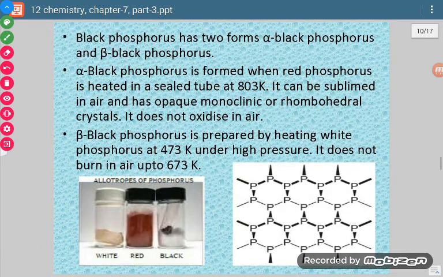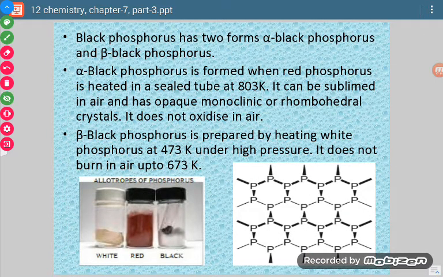Now as far as black phosphorus is concerned, it exists in two forms, alpha black phosphorus and beta black phosphorus. Alpha black phosphorus is formed when red phosphorus is heated in a sealed tube at 803 Kelvin.